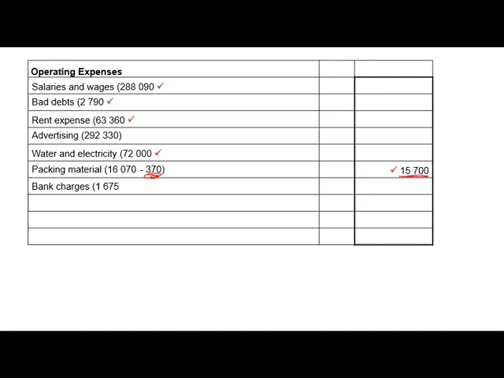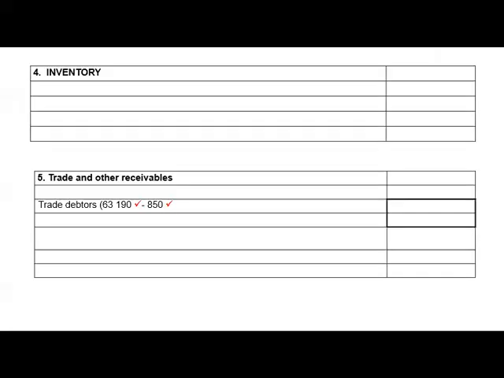Great. The unused, which is the 370, together with the stock that was counted, will be recorded in the inventory note. So trading stock will be the one that was counted. The consumable stores on hand will be the one that was not used.